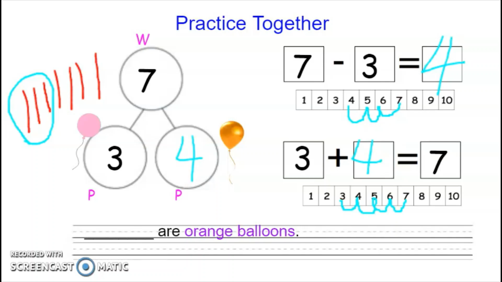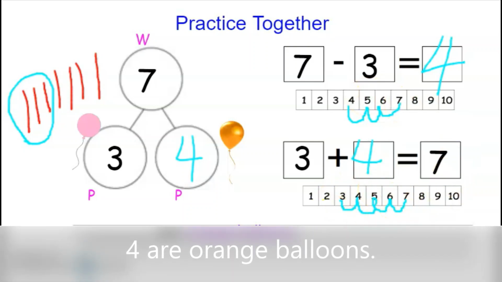Tell a friend or a family member which strategy, either count on or count back, you thought was more efficient and helped you count more quickly. That's correct. So in this problem, counting back was a lot easier and shorter than counting on because we only did 3 jumps compared to the 4 jumps. Great job, first grade.